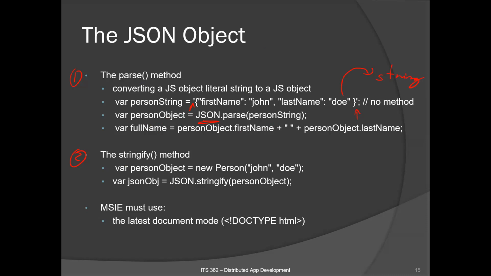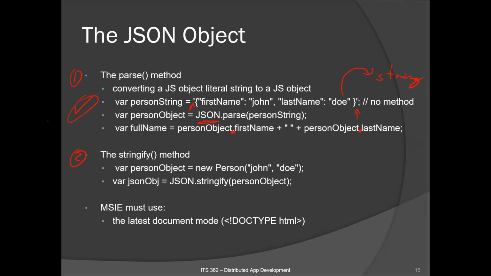And then after that, you can play around with the pieces of it, as you can see here. Now, person object dot, you can reference first name, and person object dot, you can reference last name. Okay, so that's the first one.